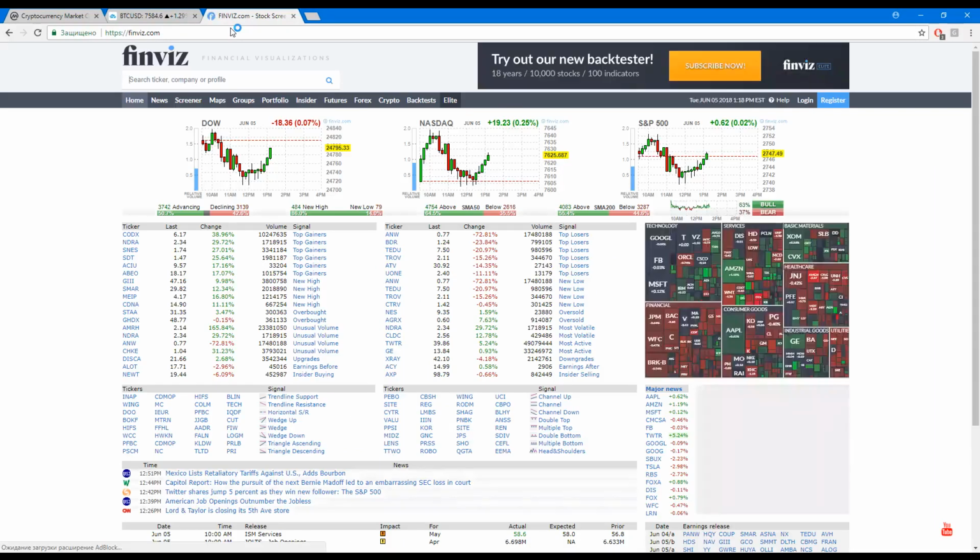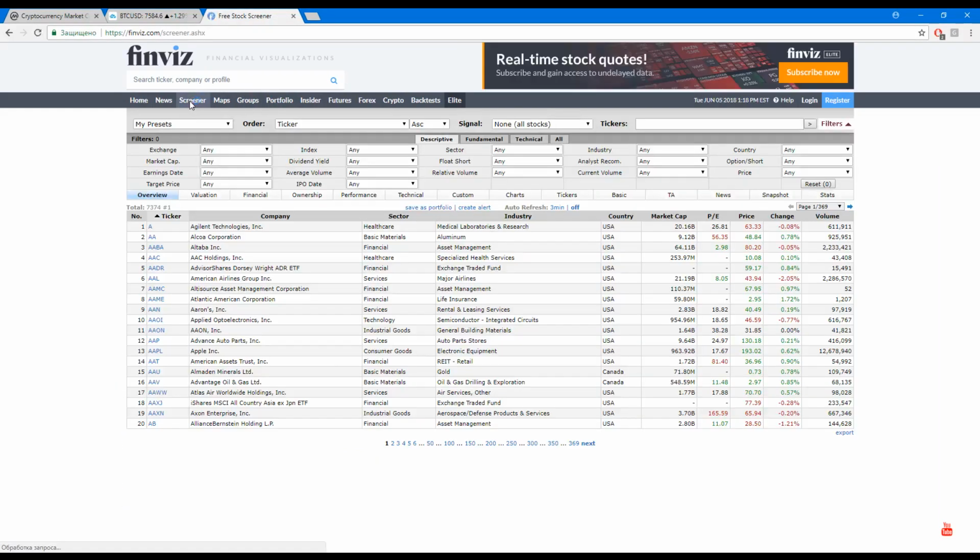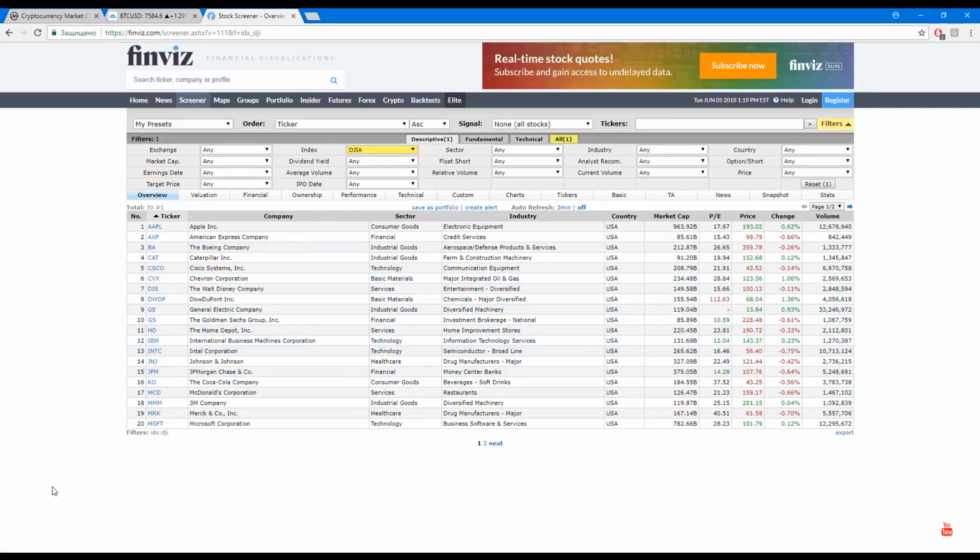Like Dow Jones Industries. So 30 main companies, and these companies have some influence on all markets. I mean the New York Stock Exchange, and NASDAQ.